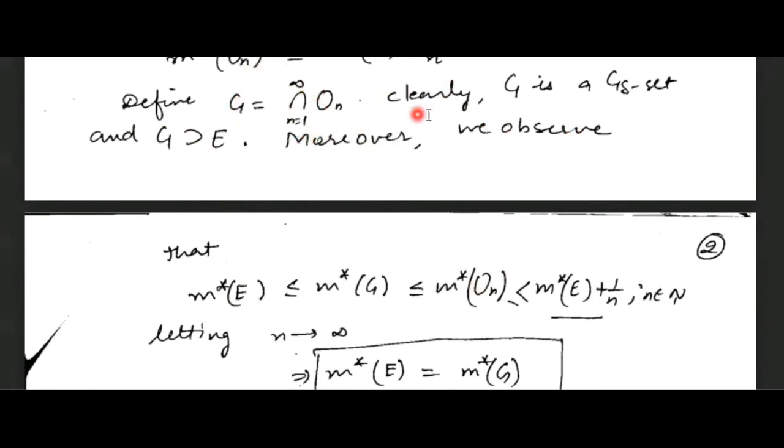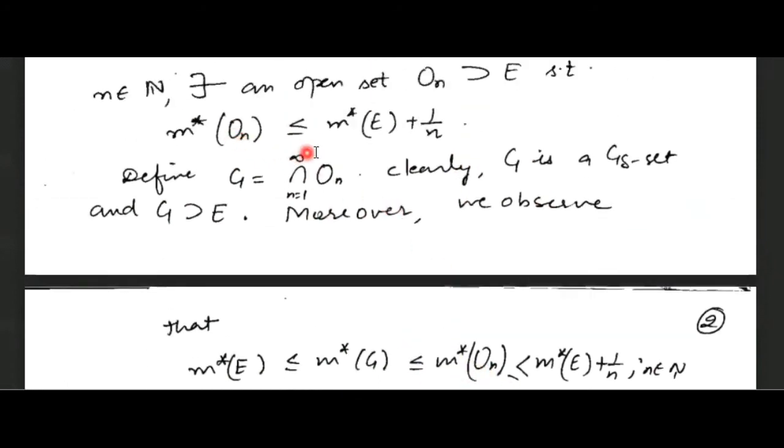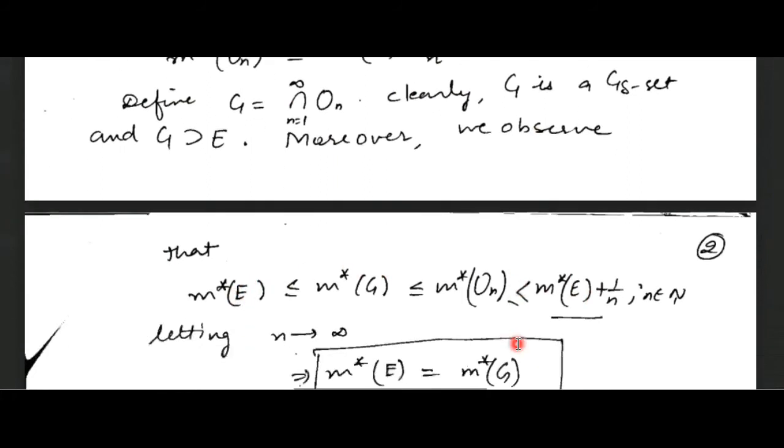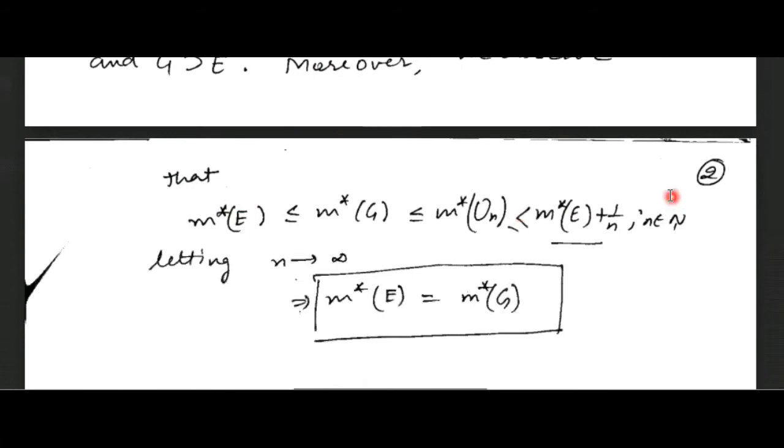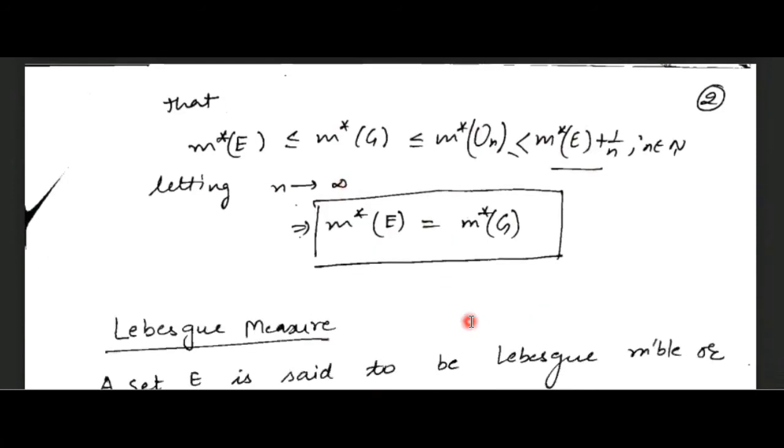So therefore the outer measure of G should be less than or equal to the outer measure of O_n. And further we can use this inequality that the outer measure of O_n is less than or equal to outer measure of E plus 1/n. So we can substitute over here, and we get this inequality holds for each n. So if we consider n tending to infinity, we get the outer measure of E is less than or equal to outer measure of G, which is less than or equal to outer measure of E. Means both are the same. So this proves the result.